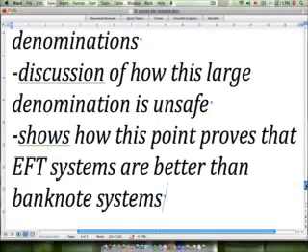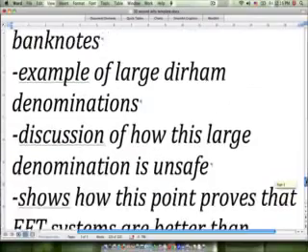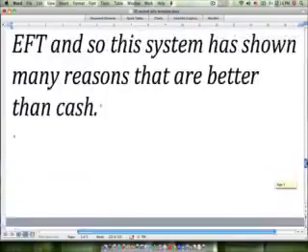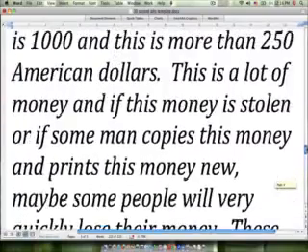Now, as far as reasoning goes, this student's paragraph is fine. The reasoning behind all of the sentences is fine. The problem is that the structure of the sentences themselves is difficult to understand. So, now keeping the student's reasoning in mind, let's go back and correct each of the sentences in this paragraph.